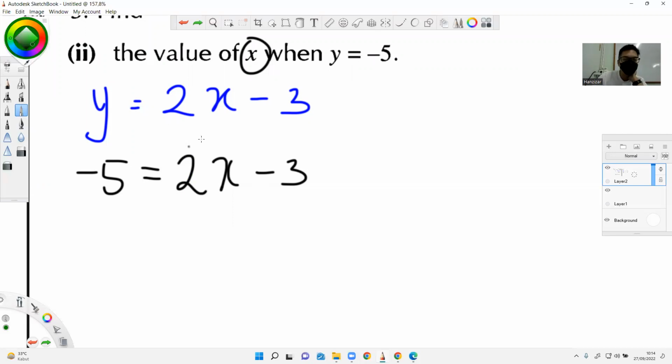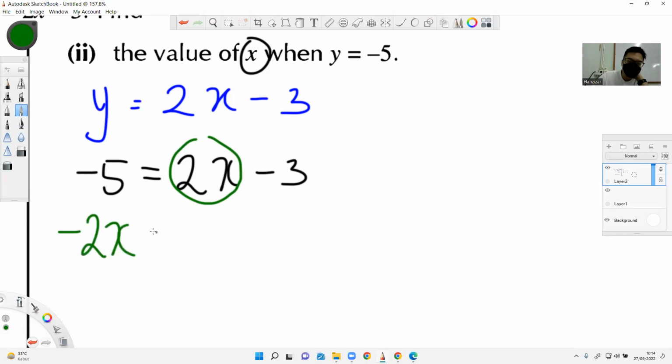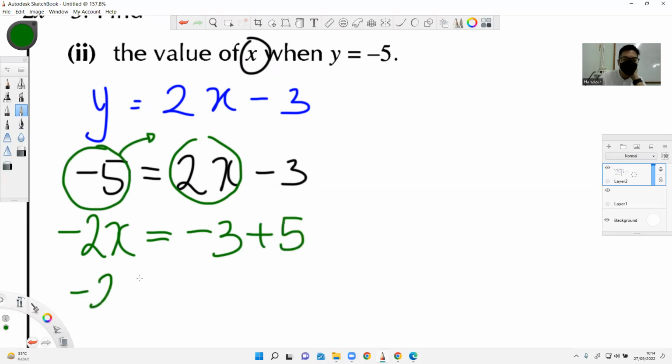So you just insert it. What are you doing right now? You move the 2x to the left side as usual. That's what I usually do. Negative 2x equals negative 3, which stays because it is still on the right side. The negative 5 goes to the right side as plus 5. So negative 2x equals 2.